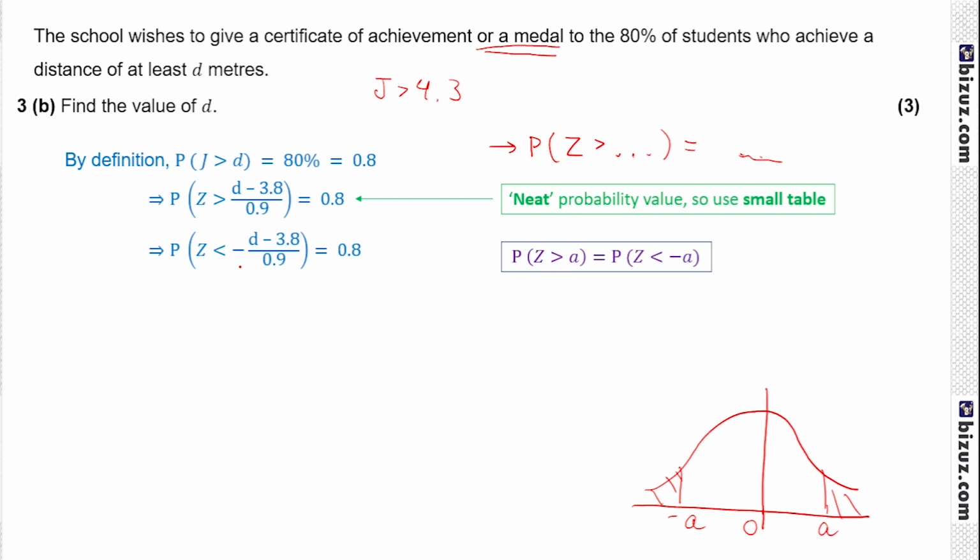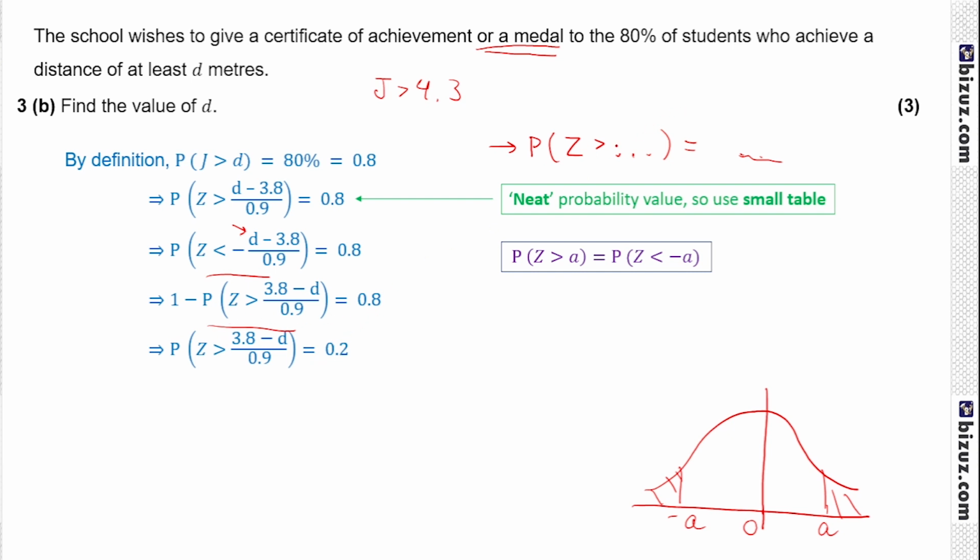And that is that the probability of Z being less than this value is the same as 1 minus the probability of Z being greater than this value. These two are complementary events. And this is the same value as this one. Actually, I just multiplied the minus through the numerator. Now, this is going to be equal to 0.8. And if we make this probability the subject, we get the probability of Z being greater than this value is equal to 1 minus 0.8, or 0.2.